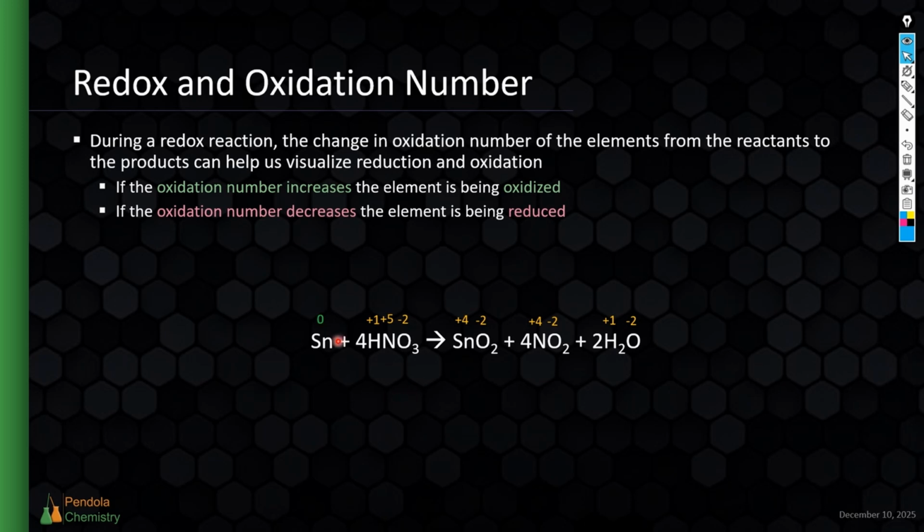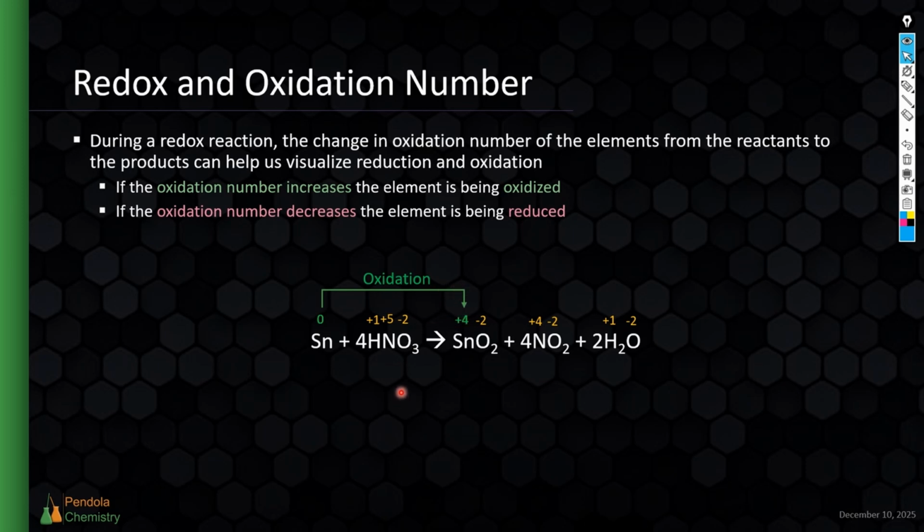But if we look at tin, tin's oxidation number is 0 in the reactants and +4 in the products, meaning that tin's oxidation number has increased. It has gone up from the reactants to the products, meaning that in this redox reaction, tin is the element that is getting oxidized. It undergoes oxidation, meaning that this tin is going to lose electrons.